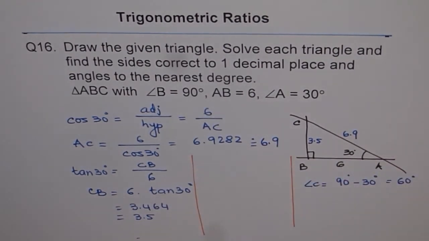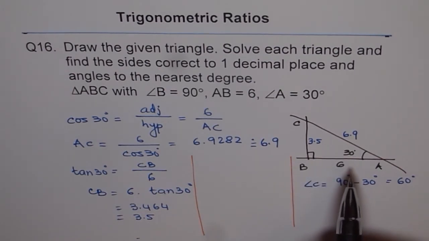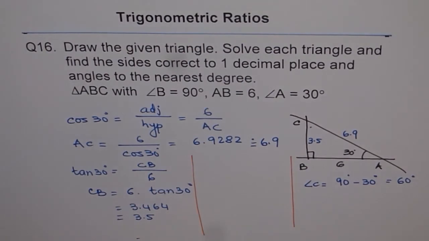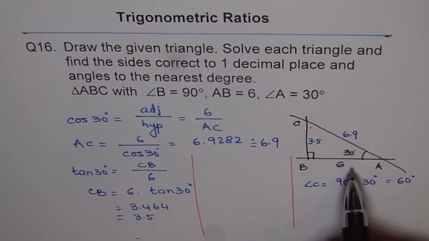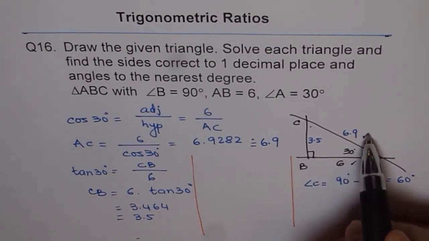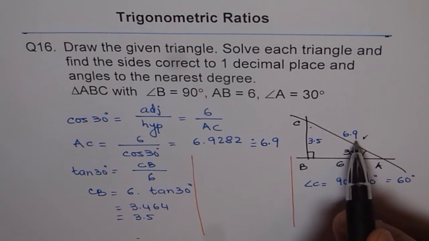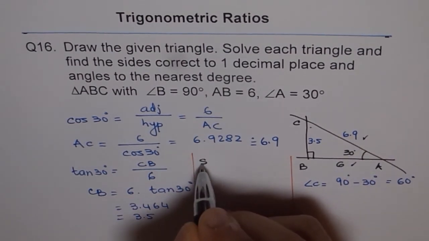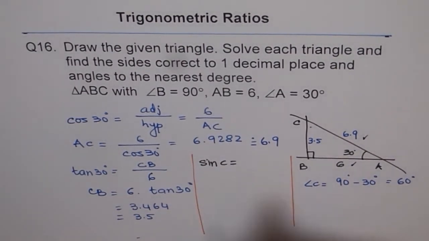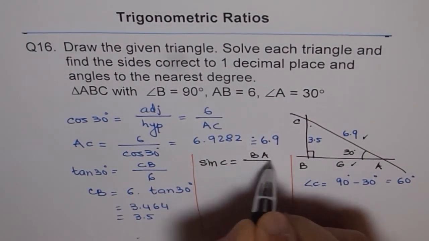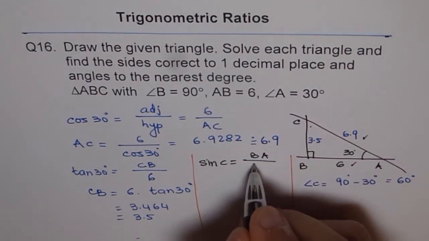So let's figure it out. What we are trying to do is to find angle C using a trigonometric ratio. So we will use these two sides, which are the opposite and hypotenuse for angle C. When it is opposite over hypotenuse, it is sine. So we have sine C equals BA, which is the opposite side, over CA.